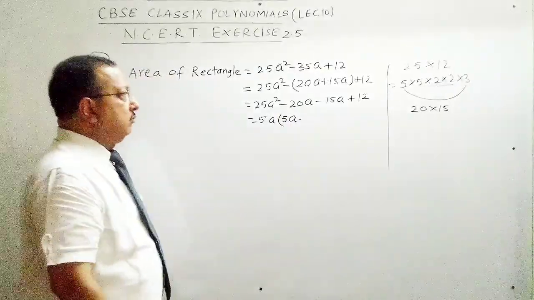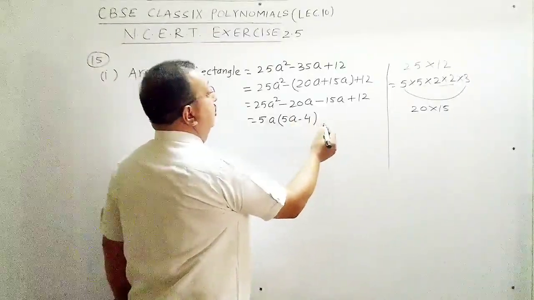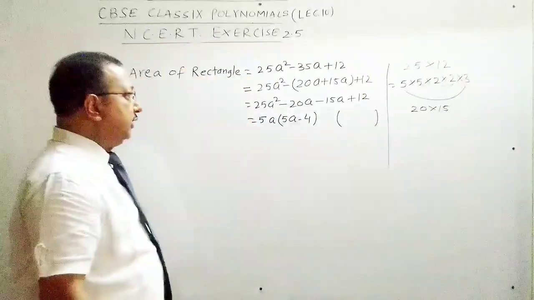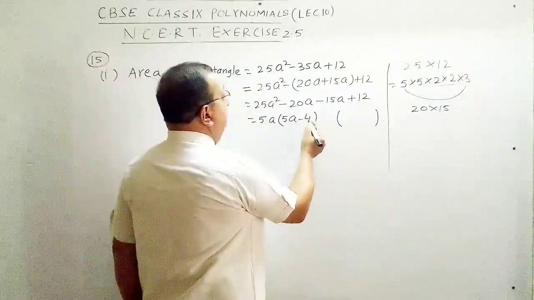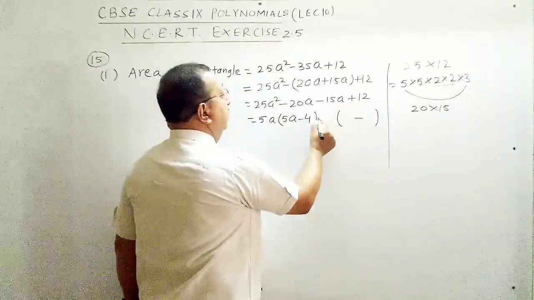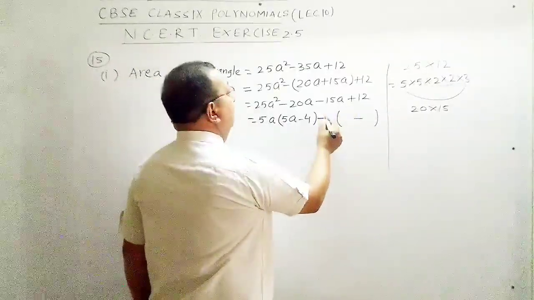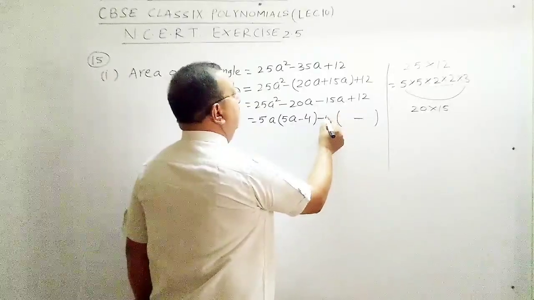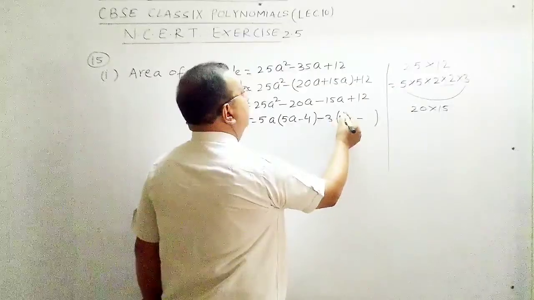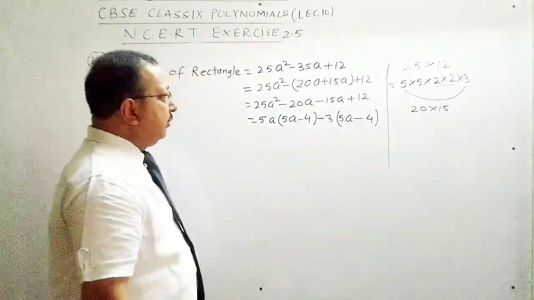Then 5 4s are 20, a is common. Now leave some place for the sign and put the next bracket. There is minus sign in the first bracket, there will be minus sign in the second bracket also. From 15 and 12, 3 is common. 3 5s are 15, 3 4s are 12. So 5a minus 4.